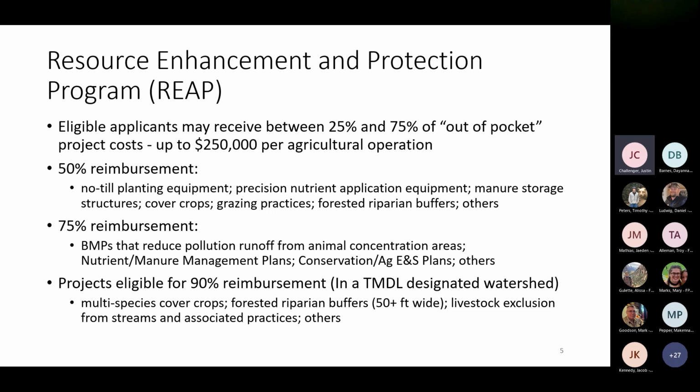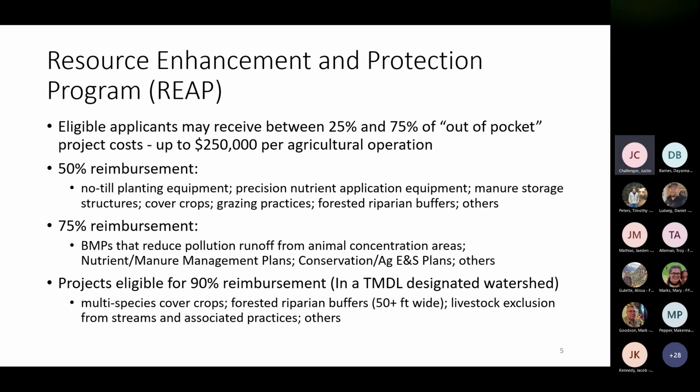The thing to keep in mind with REAP is that it's only on out-of-pocket costs that the farmer can get. We'll get into this, but if an ACAP project would cover 90% of the farmer's cost, that 10% left is his out-of-pocket cost, and that's what he's eligible for, not the entire 100%. They can't double dip, so to speak.